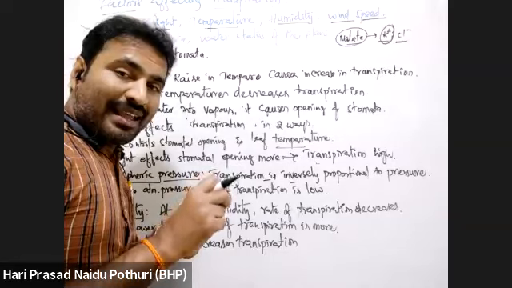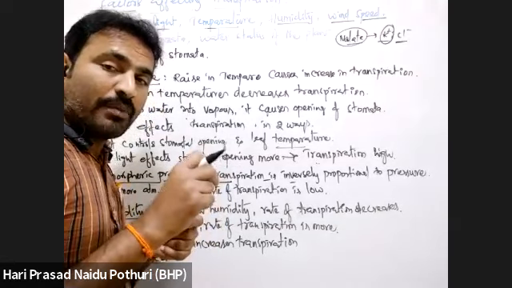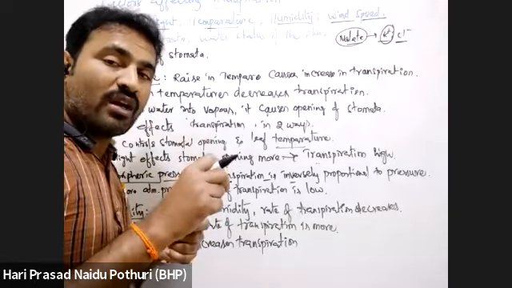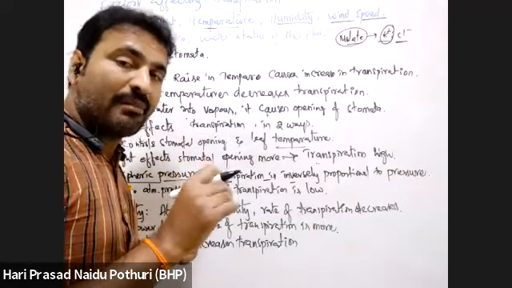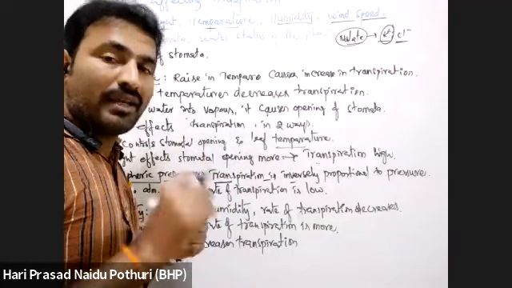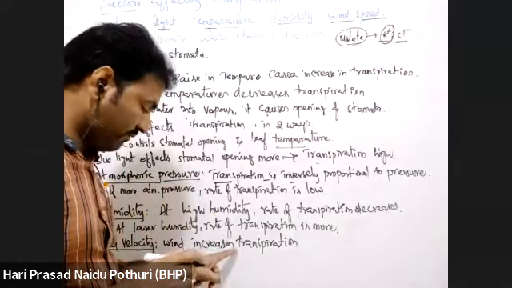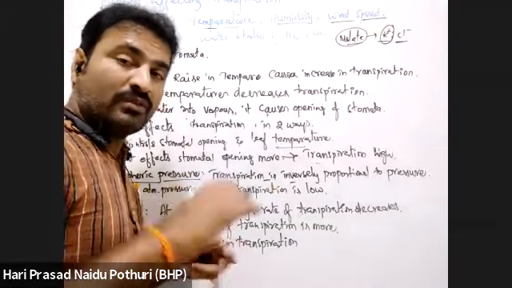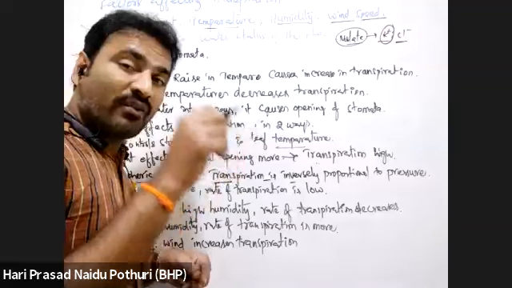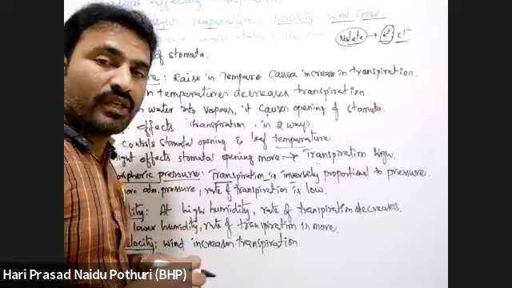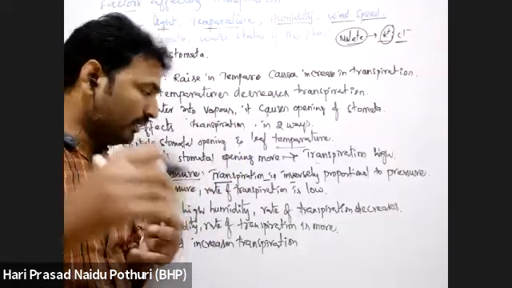In transpiration there is a loss of water vapor from the stomata. That lost water vapor will settle on the surface of the lamina and the lamina gets cooled. But when wind is blowing, what will happen? The water vapor which is present on the leaf surface will be removed.